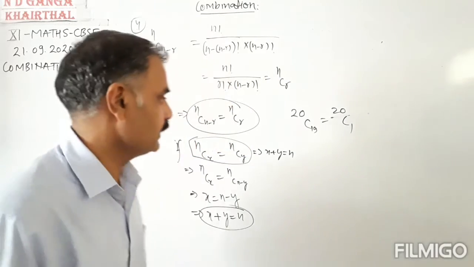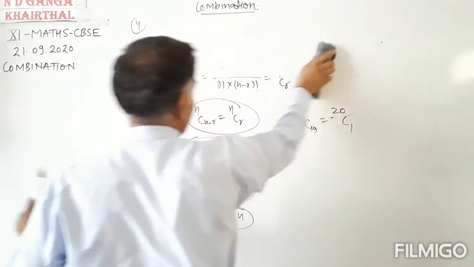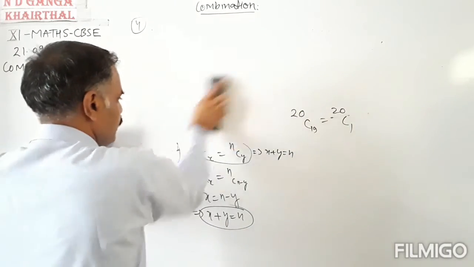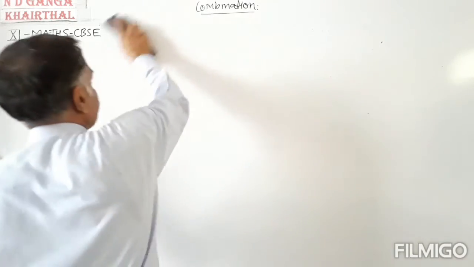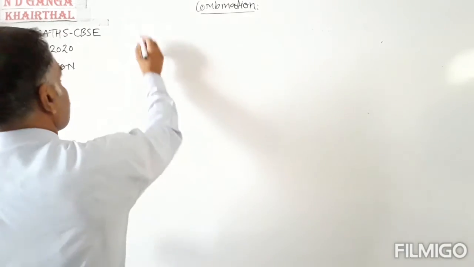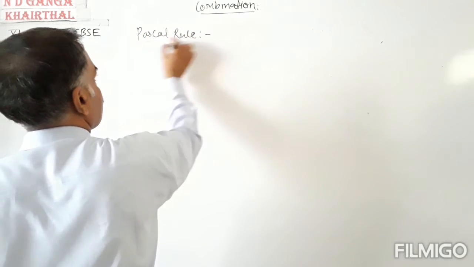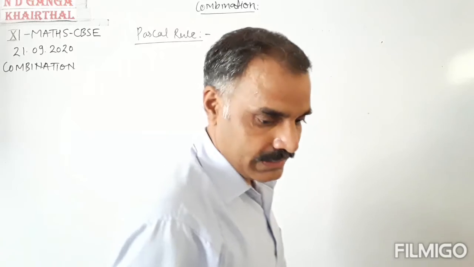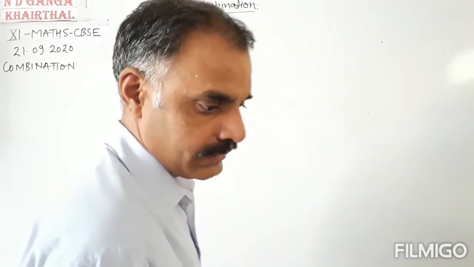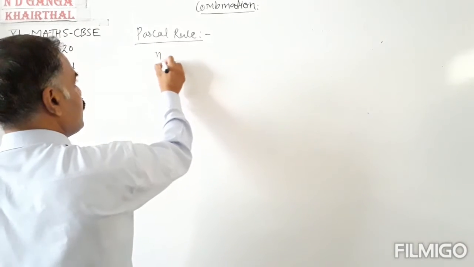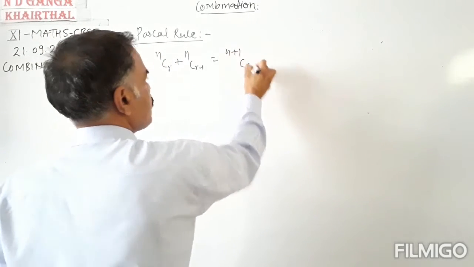Now the next property is the Pascal rule. The Pascal rule says that NCR plus NCR minus 1 equals n plus 1 CR.